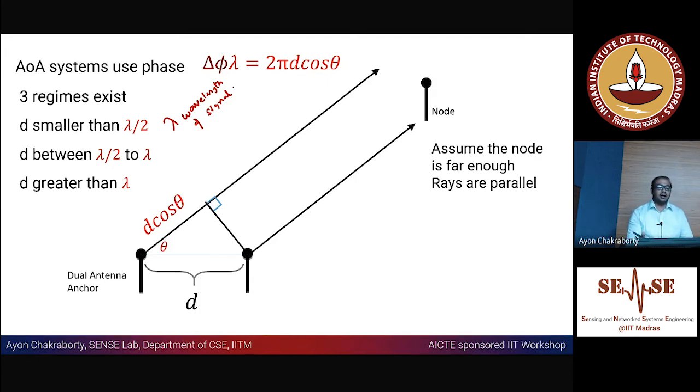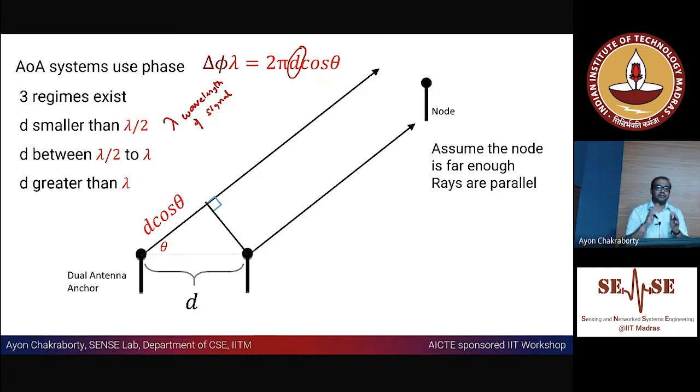Let us see what happens correspondingly when we try to calculate the value of theta. We are basically trying to put this inequality where d is a function of lambda. We are trying to express the antenna separation as a function of the wavelength of the signal that we are using in the system. This is very important.